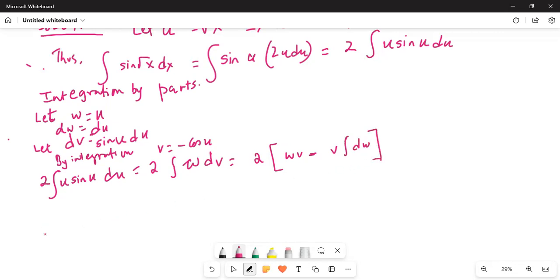So this will be equal to 2, for w I can write u, and for v I can write minus cosine u, minus, and then two minuses will make this a plus, the integral of cosine u, and dw.